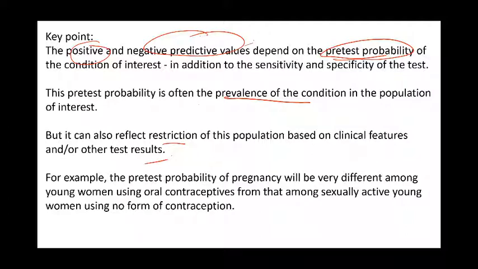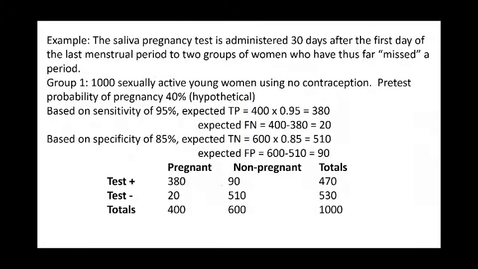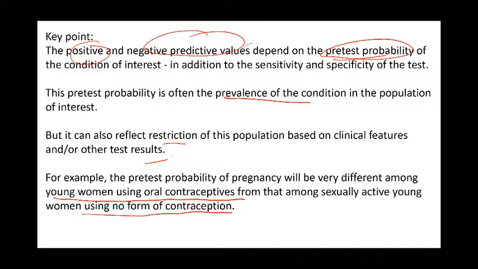Okay, so here we are checking pre-test probability of pregnancy in two populations. In one population which is using oral contraceptives, and in another population who are not using any kind of contraceptives. So here we understand that in the population who do not use any oral contraceptives, we expect the number of pregnancies to be higher.